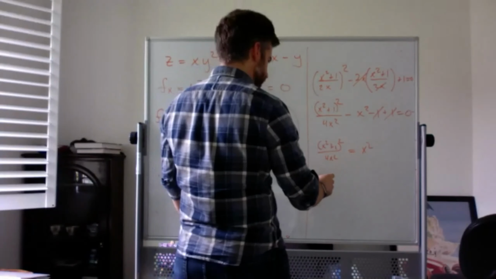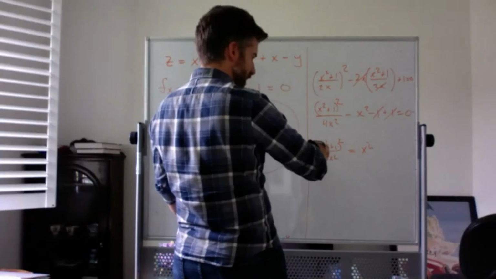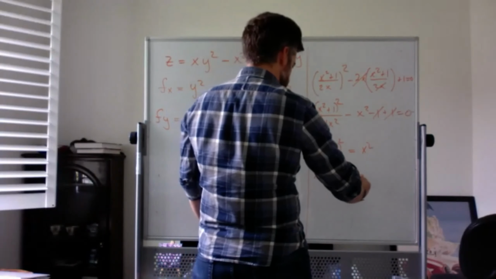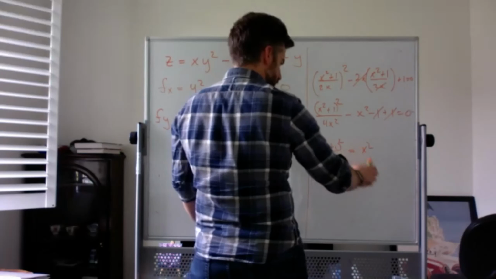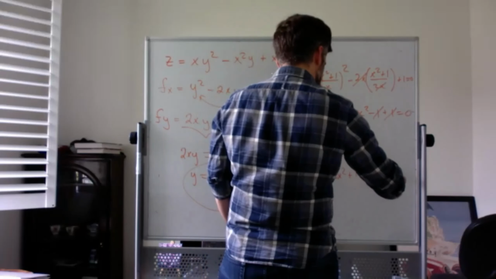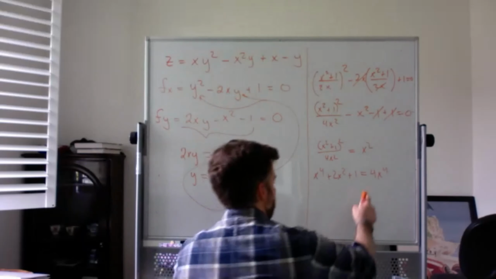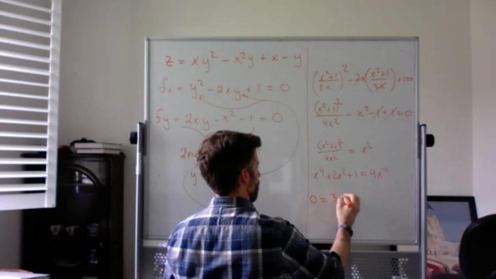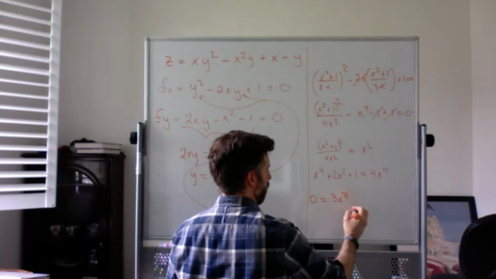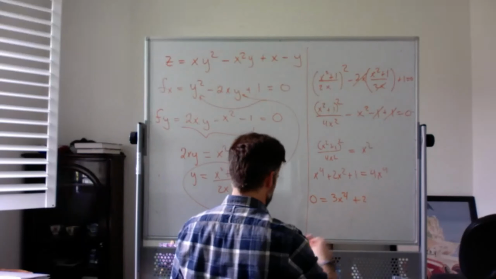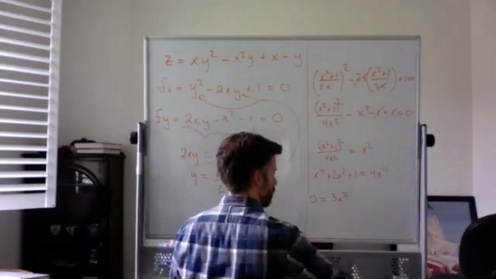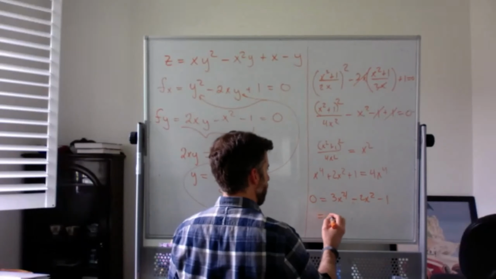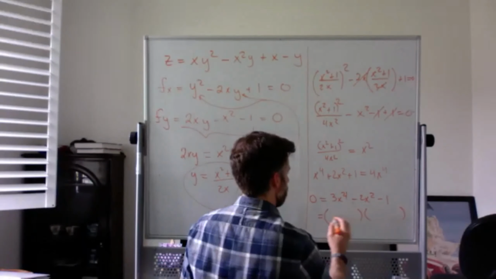Multiply both sides by that. Multiply this out. X squared plus 1 squared is x to the 4th plus 2x squared plus 1 equal to 4x to the 4th. So then bringing everything to this side, I'm going to get 0 equal to 3x to the 4th minus 2x squared minus 1.